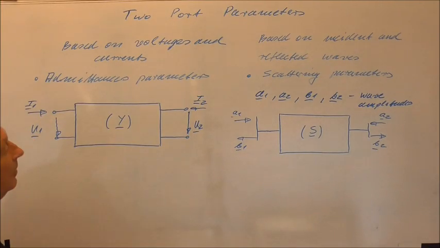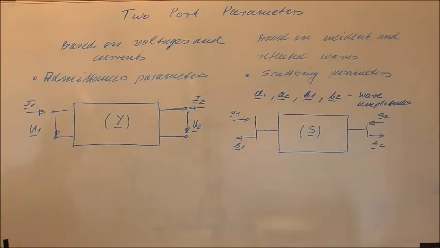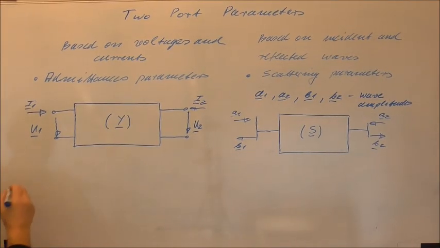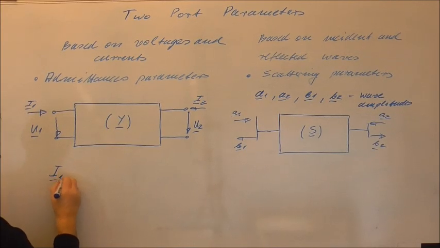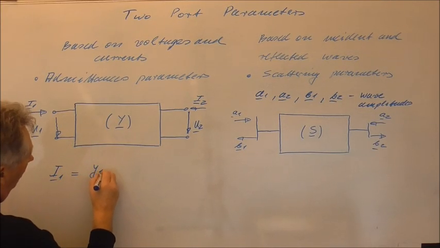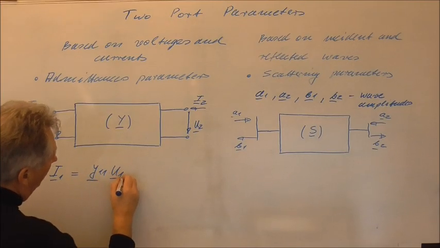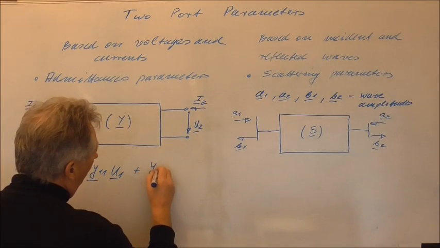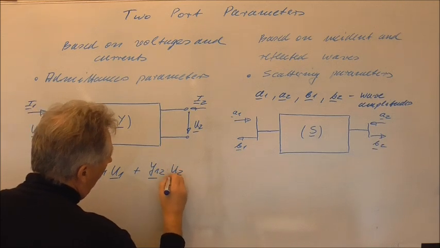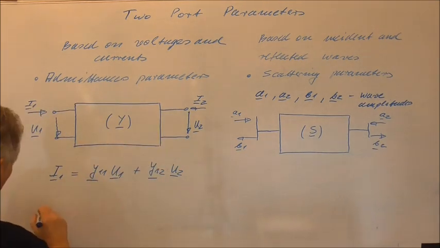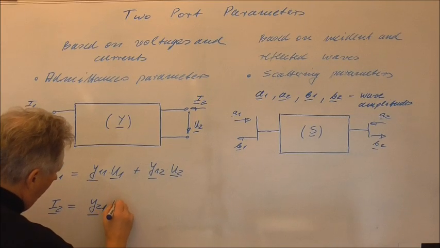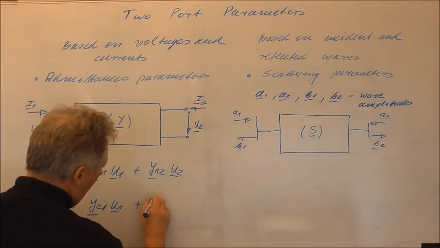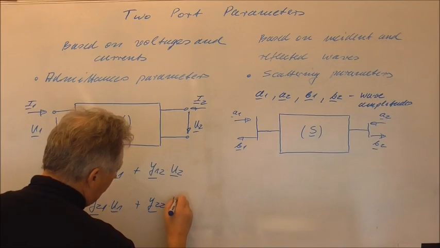remember that the Y parameters are defined for these directions of voltages and current, and we have in the case of the Y parameter that the current in the input I1 is Y11 times U1 plus Y12 times U2, and the current at the output I2 is Y21 times U1 plus Y22 times U2.